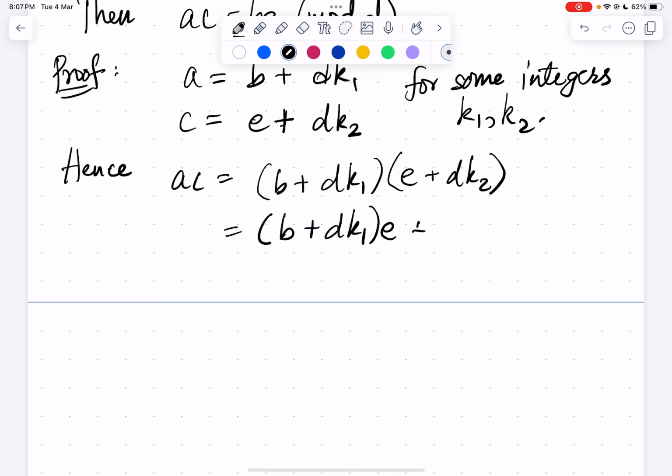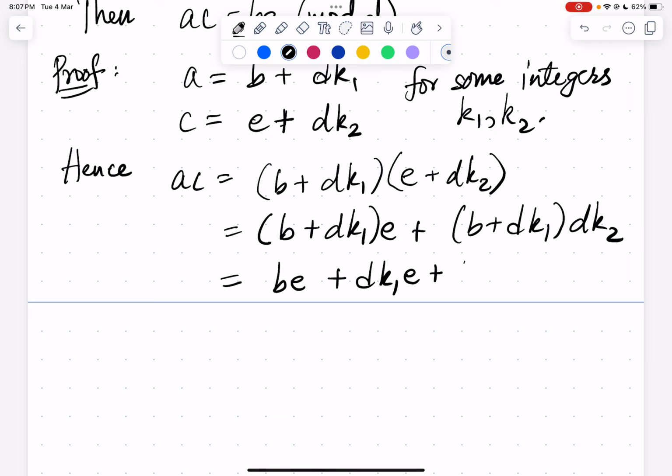B plus dk1 times E plus dk2 equals BE plus dk1E plus Bdk2 plus d squared k1k2.